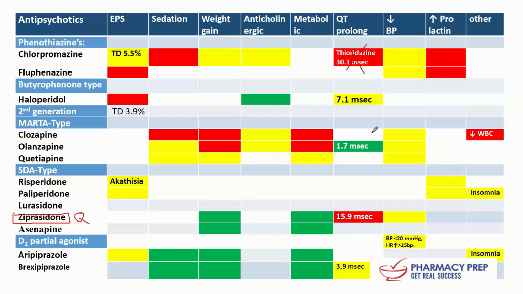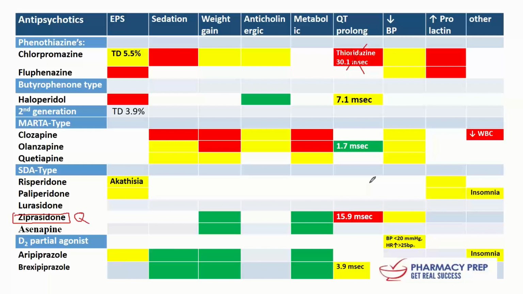Whereas the least, if you ask the question, what drug would you choose for a person who has a higher risk of QT prolongation? Because QT interval prolongation can also be potentiated by other risk factors, like a person having a congenital QT prolongation, then adding this drug can increase the risk further, or age.